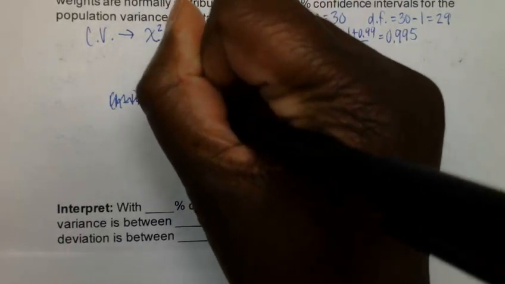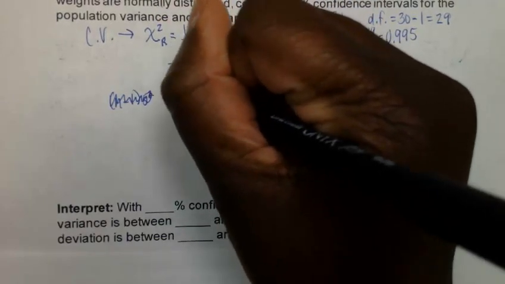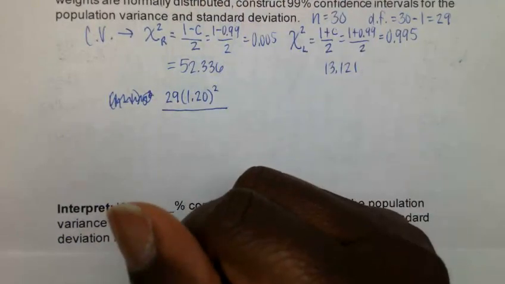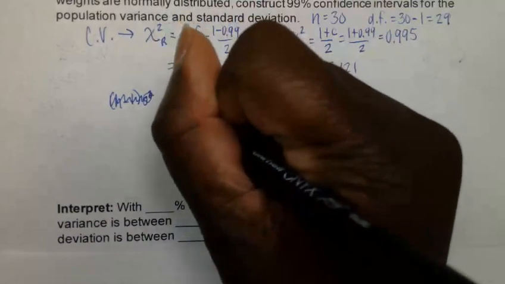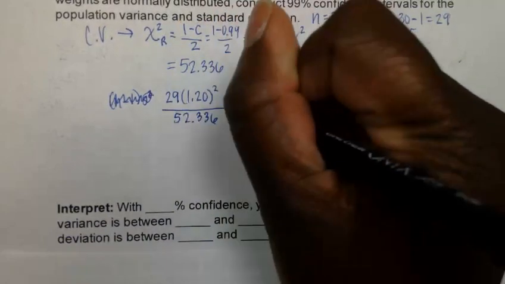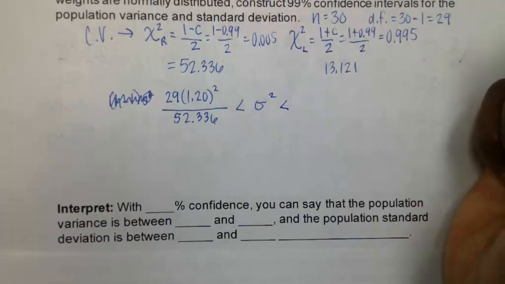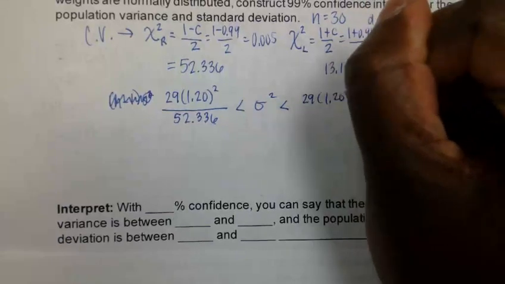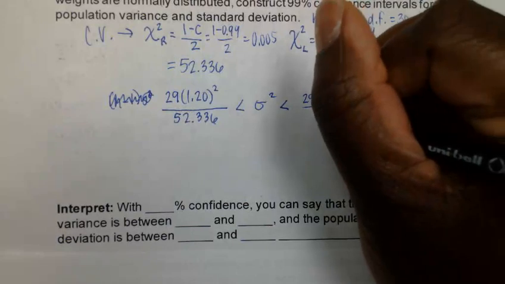So this is going to be 29 times the standard deviation squared over our right value, and then 29 times the standard deviation squared over the left value.